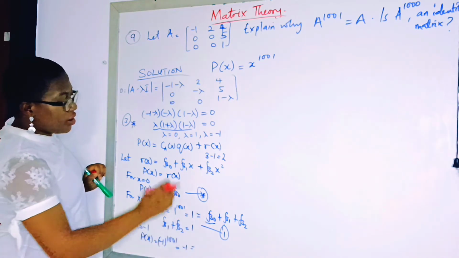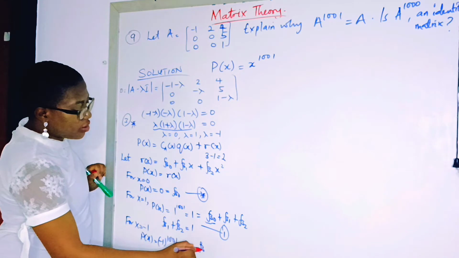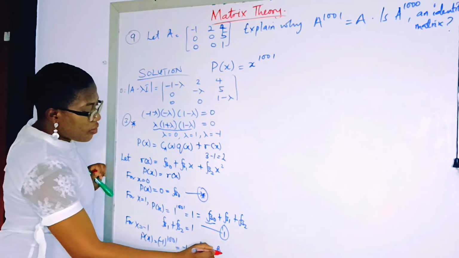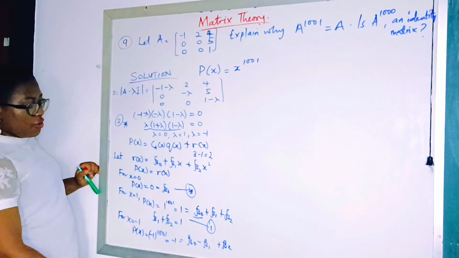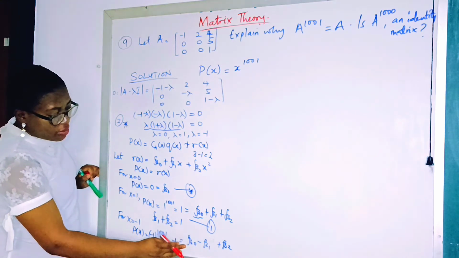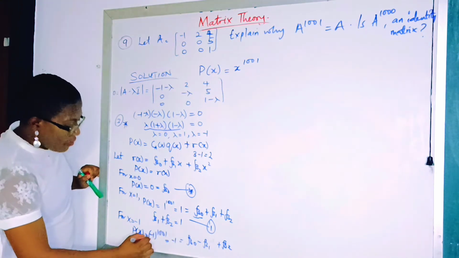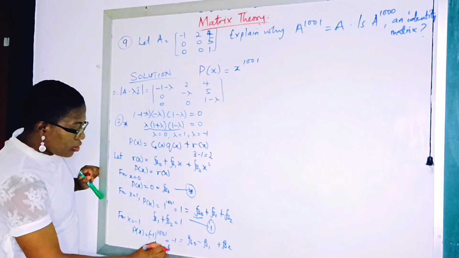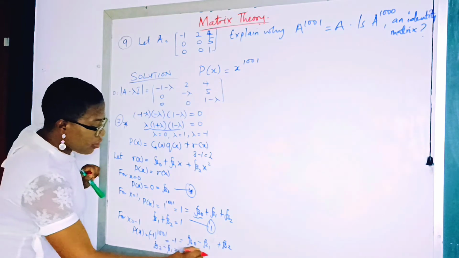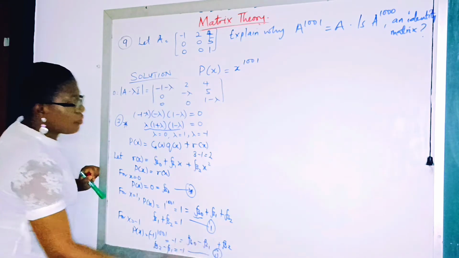And then r of x, substituting, I have beta naught minus beta 1 plus beta 2. I know beta naught is 0, so I have that beta 2 minus beta 1 is equal to minus 1. Call this equation 2.